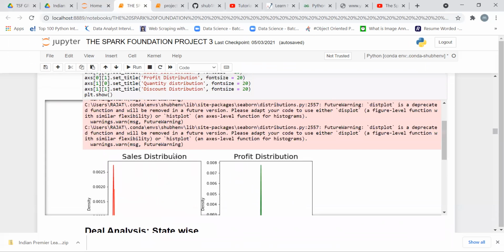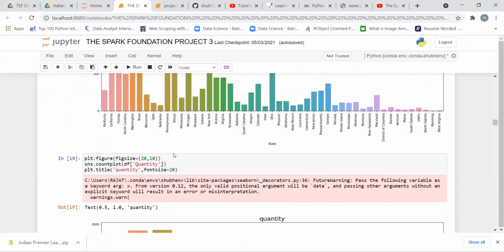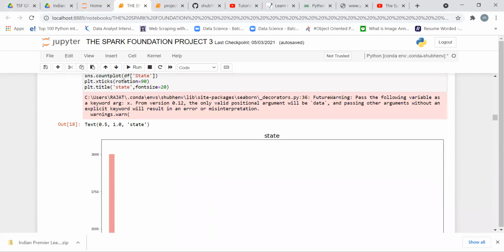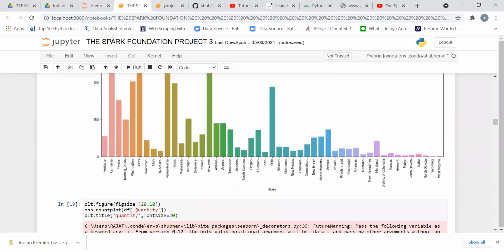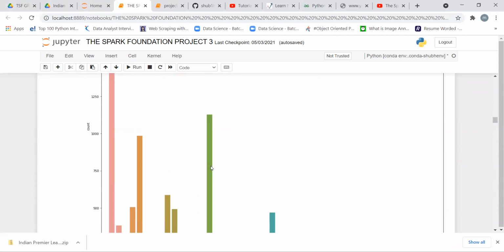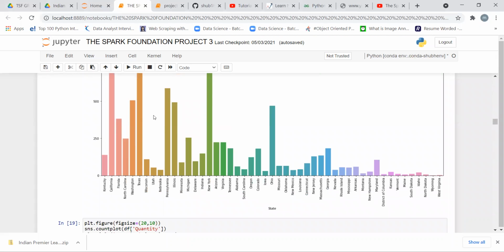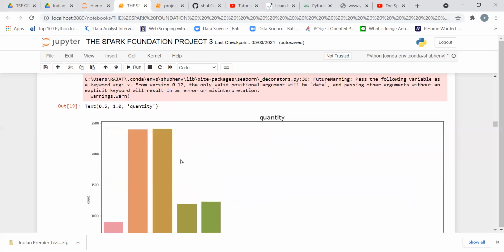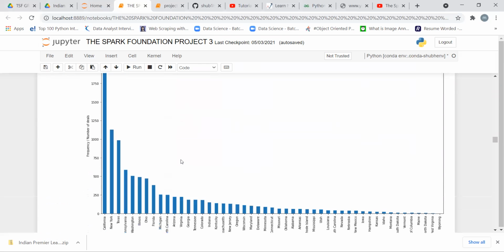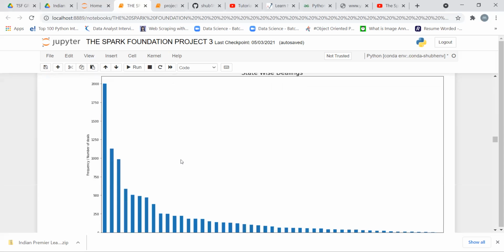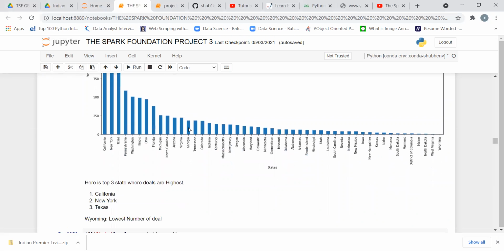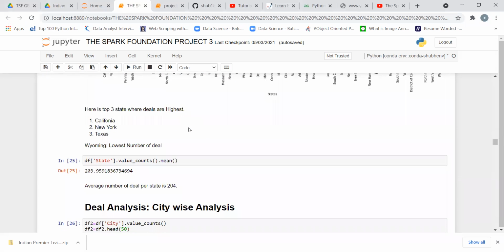California is the highest deal, second is New York, and third is Texas. Here we also mention that they perform a major part in terms of profit and sales, and they show the highest number of dealings compared to the other states.